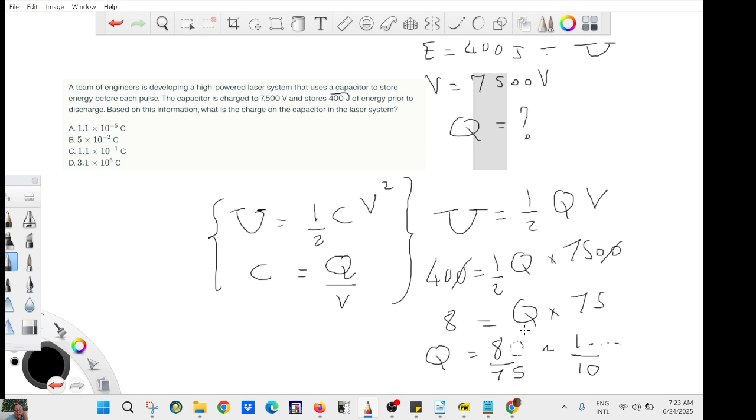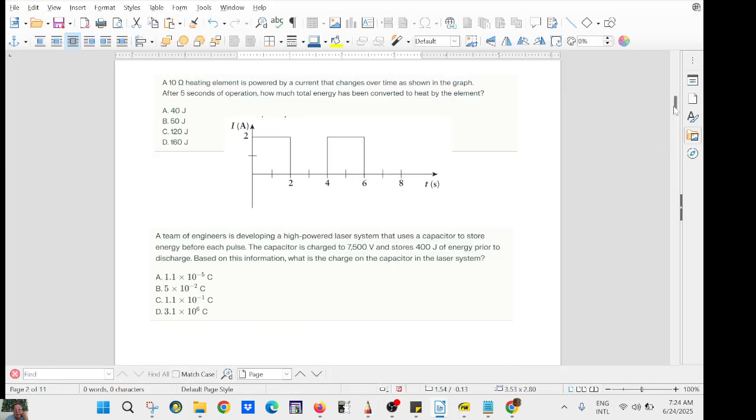So 1 point something divided by 10 is 0.1 something. And the only answer will be this one, okay? So you don't need to do the calculation. You can look at the multiple choices, right? So that's the strategy here.